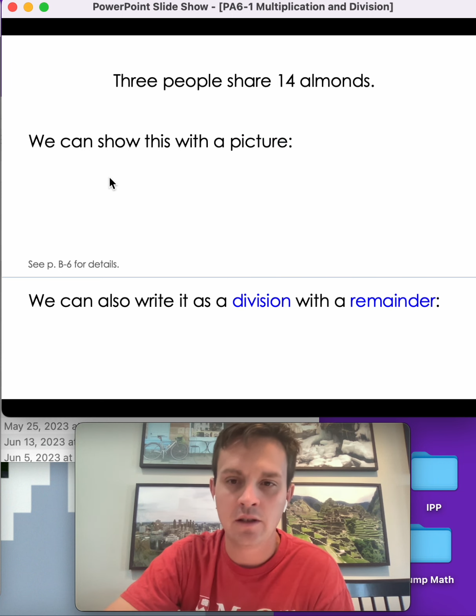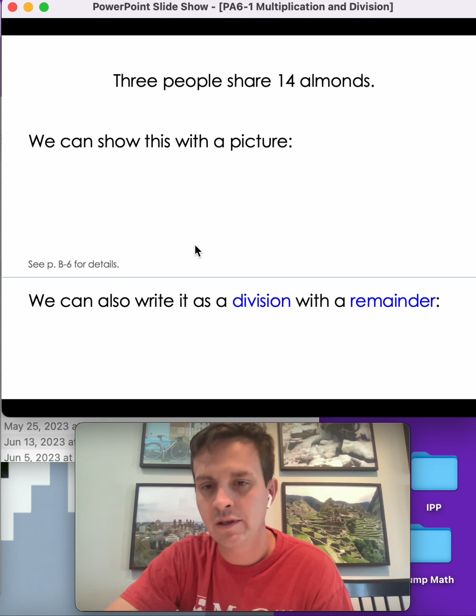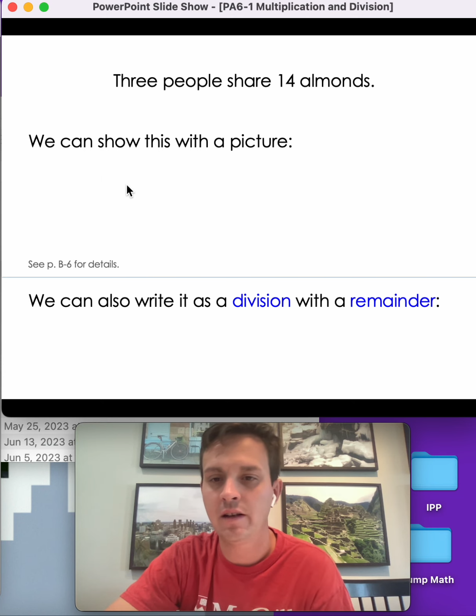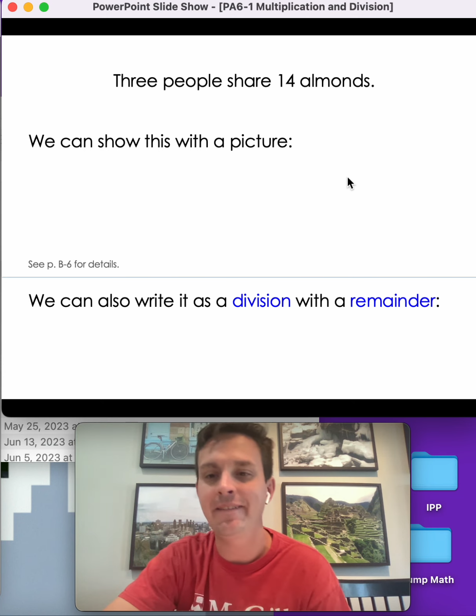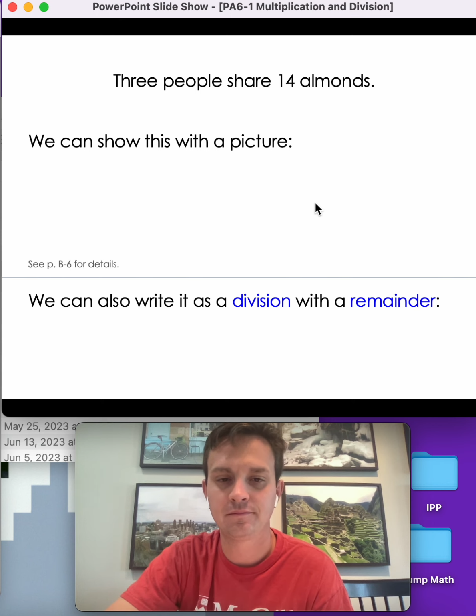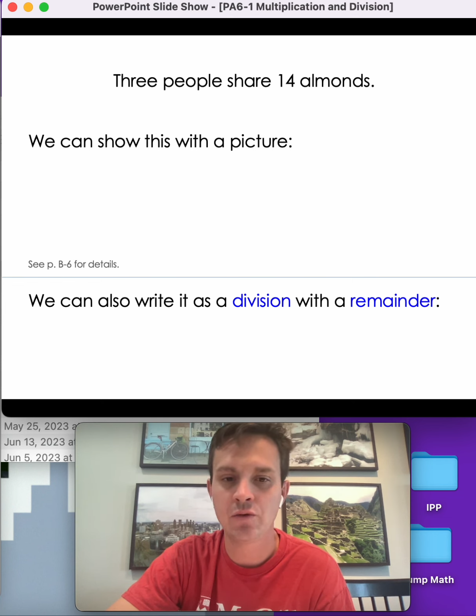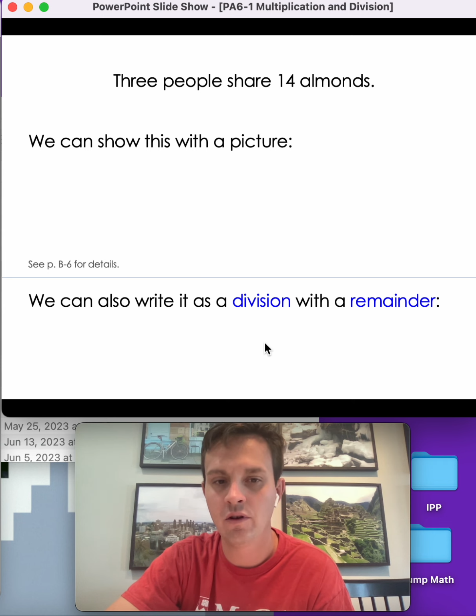So we're circling 1 person, 2 people, 3 people. They all have 4 almonds each, and then there's 2 left over. So each person gets 4 almonds, and there's 2 left over, and you can write that as a division with a remainder, as 14 divided by 3 equals 4R2.